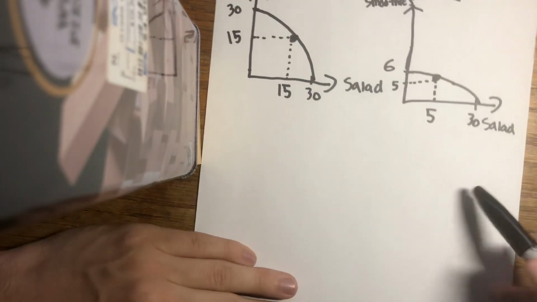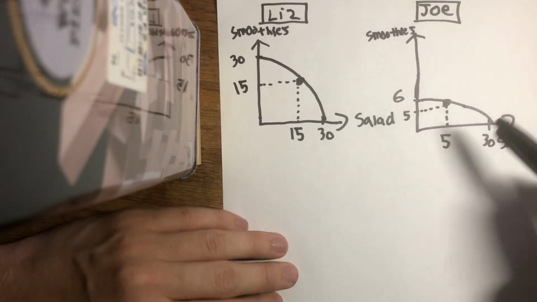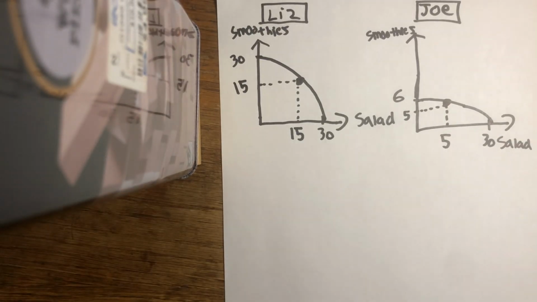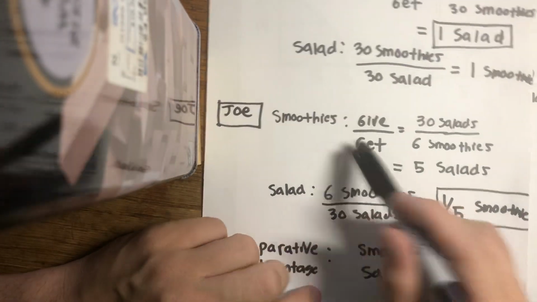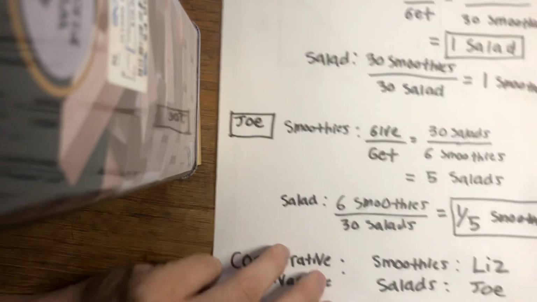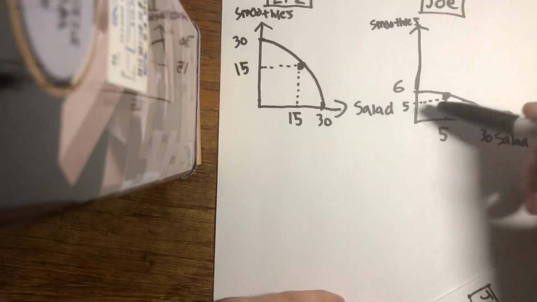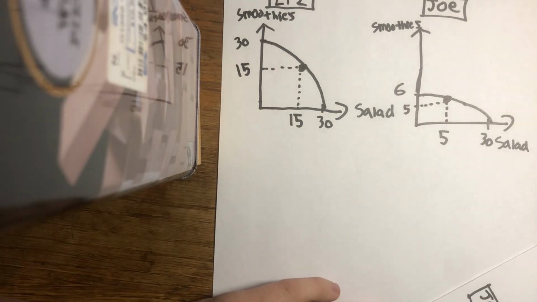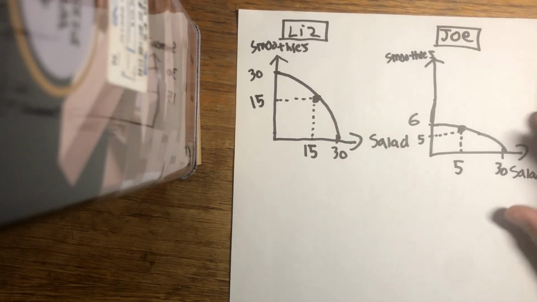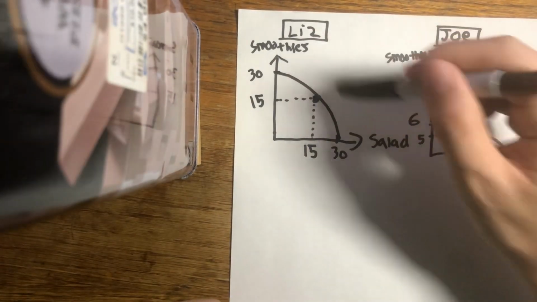If you guys are still unclear on how I got to this, it's just the concept of opportunity cost. So one more time, it's just saying that 1 smoothie is worth 5 salads. So if he's not making one smoothie and subtracting 1 smoothie from his production, that's the 5 salads here. That's what it means. And then for Liz, it's a little bit more straightforward because 1 salad is worth 1 smoothie.